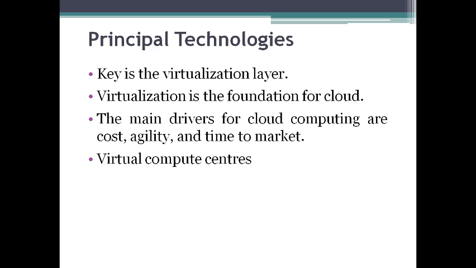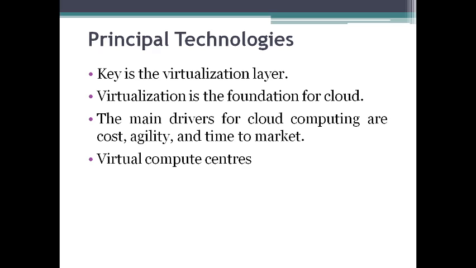This is the last topic for today: the principal technologies behind cloud computing. First and foremost is the dynamic cloud infrastructure. The important word here is dynamic, because of the virtualization layer that sits between the cloud instances and the physical hardware they run on. This virtualization software allows multiple operating system instances to run as guests on the same server.